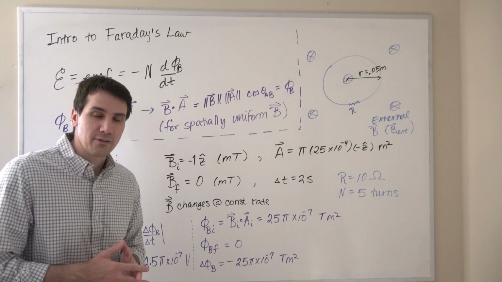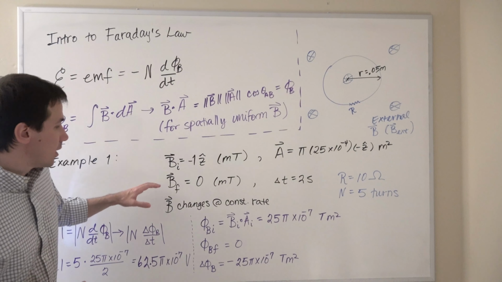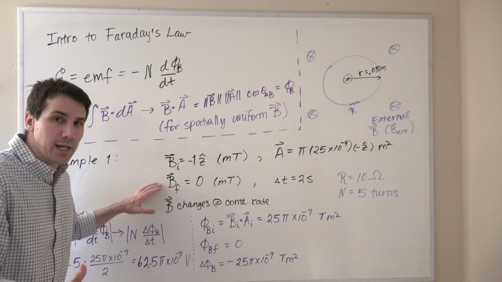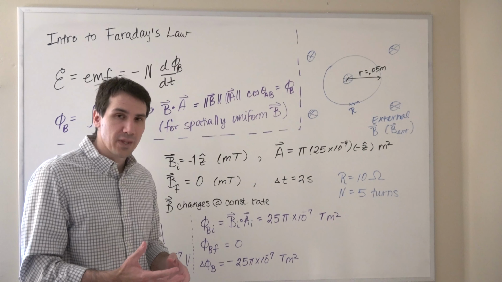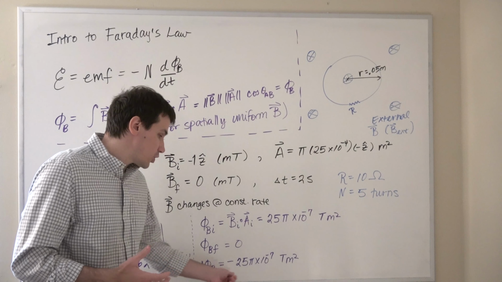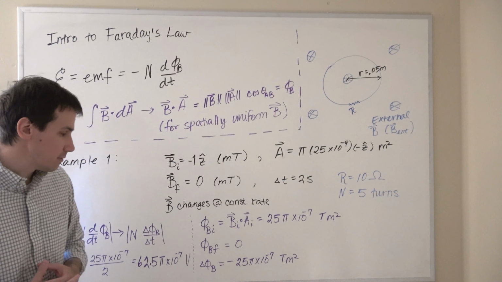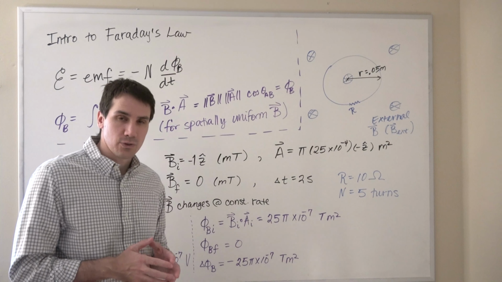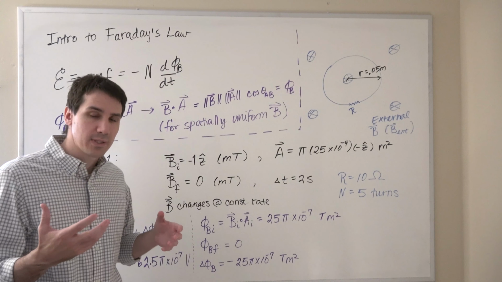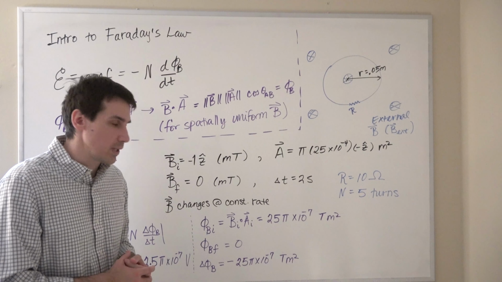We can also calculate the final magnetic flux due to our external magnetic field. Well, because there is no final external magnetic field, our final flux is 0. From this, we can calculate our change in flux, which is this value here, negative 25 pi times 10 to the negative 7th Tesla meters squared, because the flux has units of magnetic field multiplied by area, Tesla meters squared.